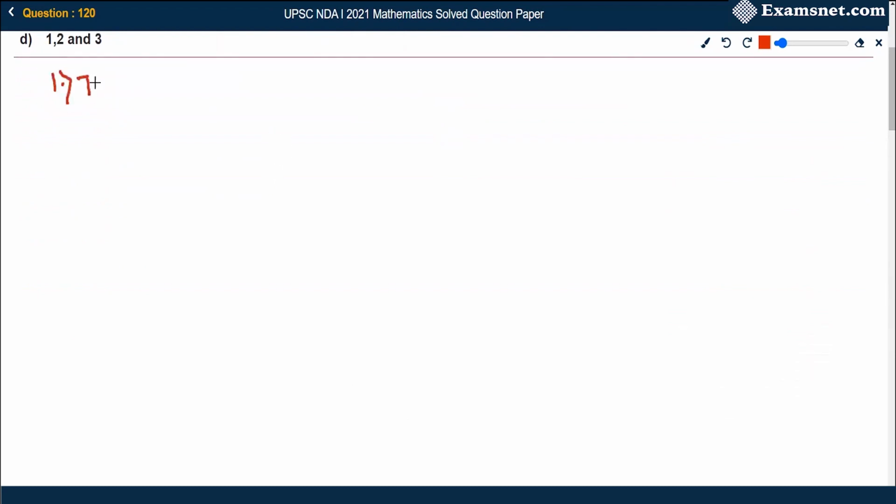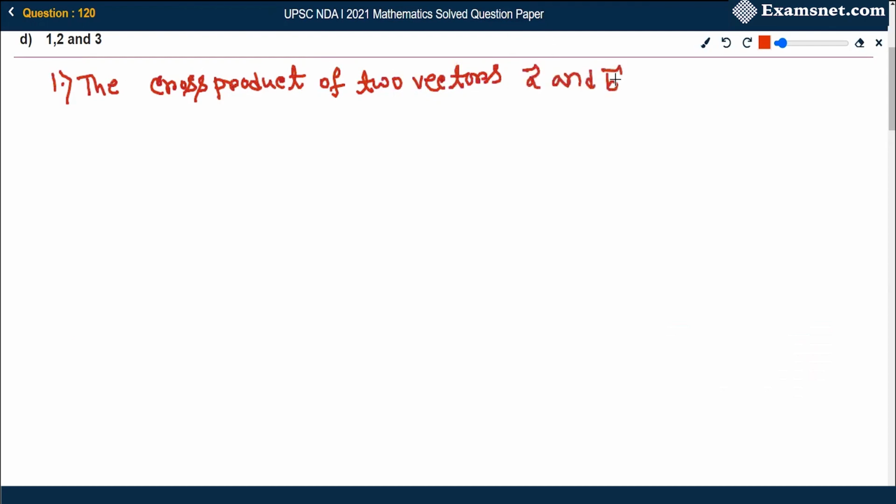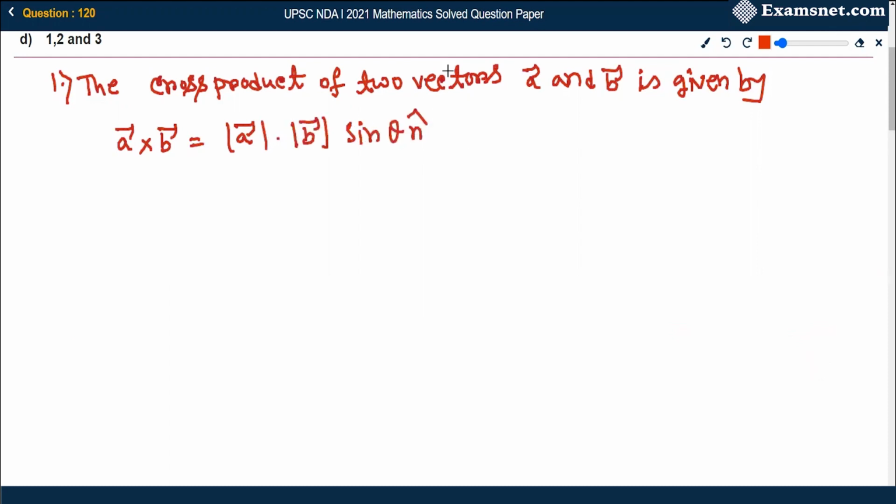First of all, the cross product of two vectors A and B is given by mod of A mod of B sine theta n cap, and n cap is the unit vector, okay?